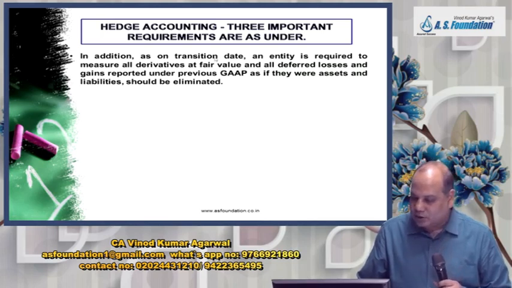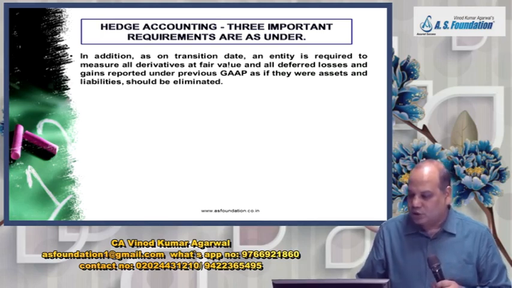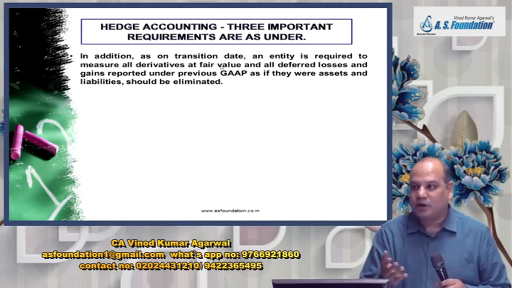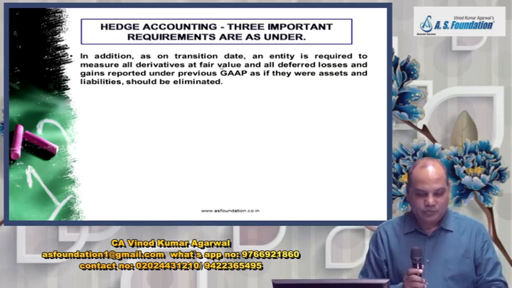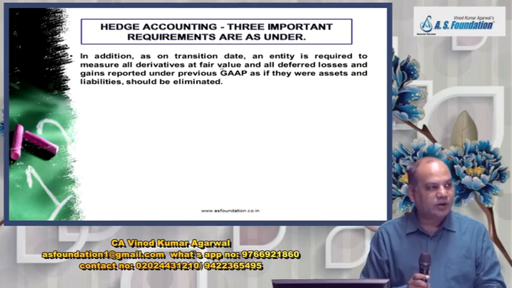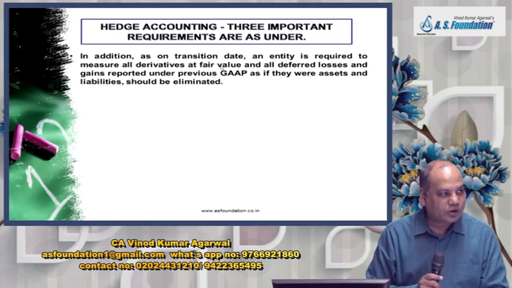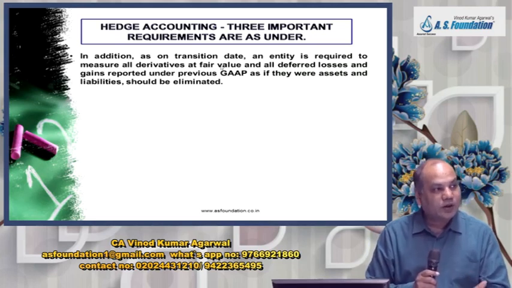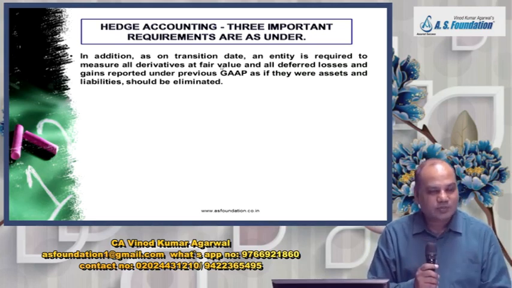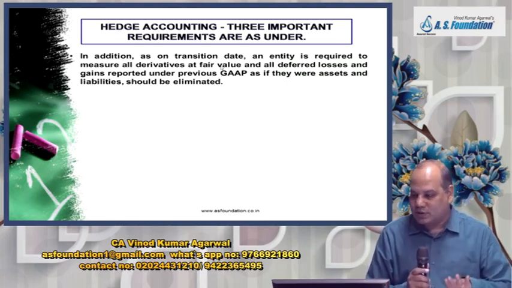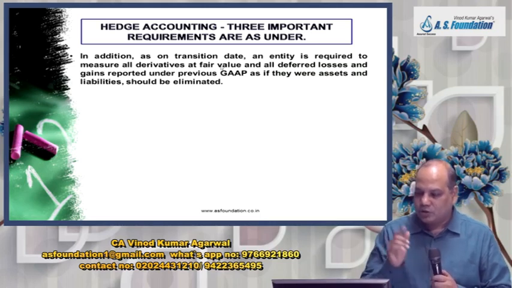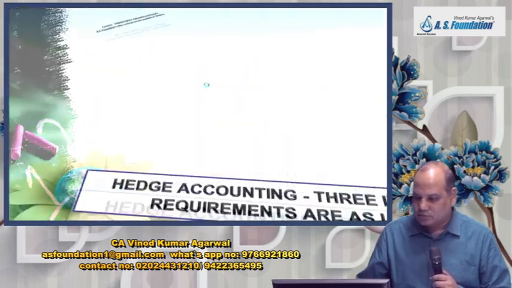So if any expense, any loss or gain you have deferred under previous GAAP, you might have not recognized derivative gain or loss in the P&L account. You might have deferred it directly under some equity head. Now clean your previous such deferred gain or loss item on derivative, and all derivatives will appear at fair value on the date of transition.